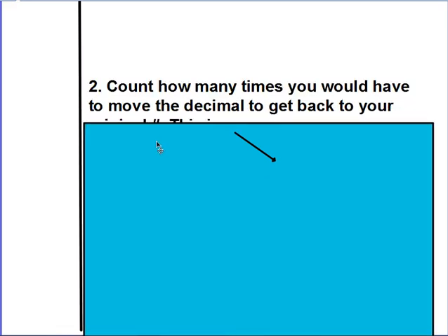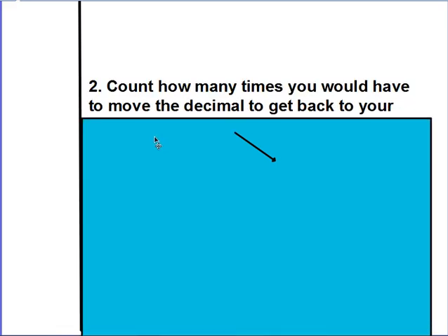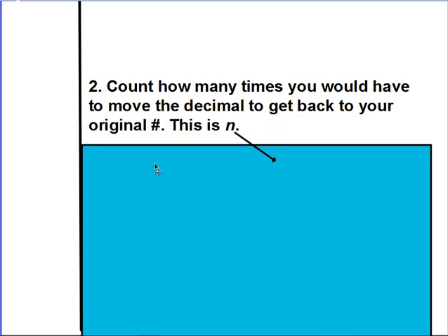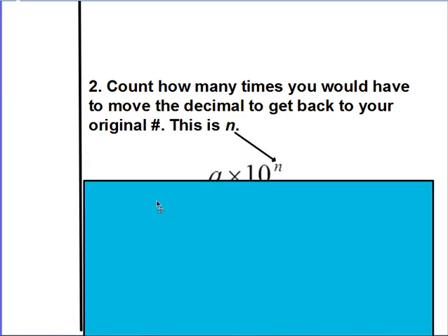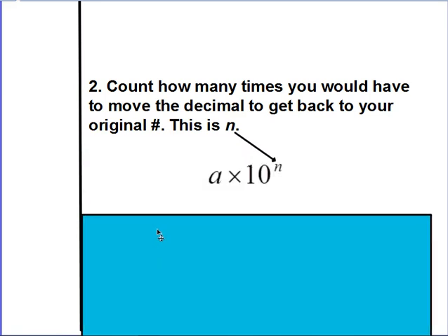Now what we're going to do is count how many times you would have to move the decimal to get back to our original number. This is going to be our N. Our N, remember, is the power attached to the number 10. So let me go back to the number we had on the last slide, 230. Here was my decimal point and I moved it 2 places back and I got 2.3.